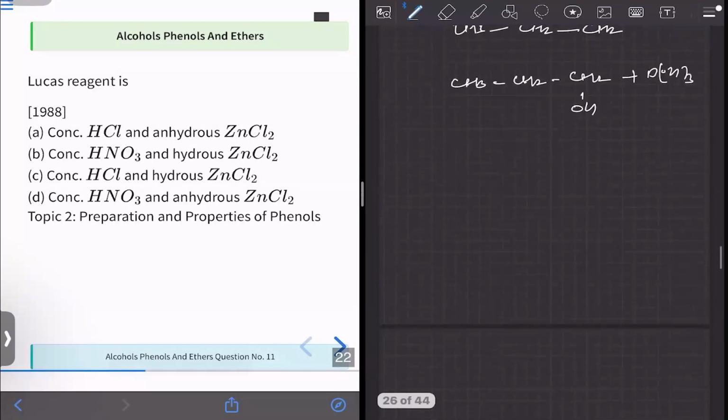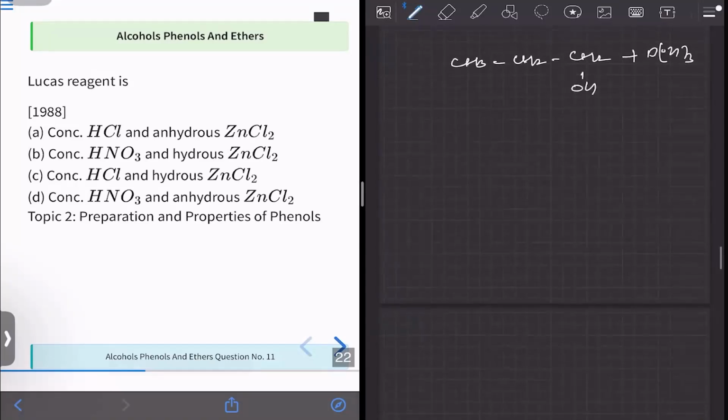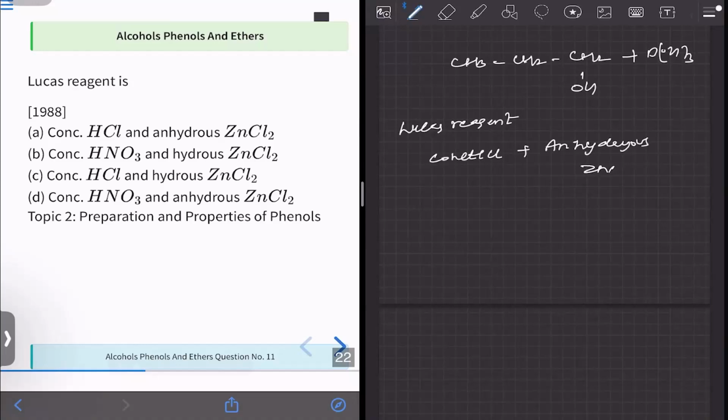Next question. What is meant by Lucas reagent? Lucas reagent is concentrated HCl plus anhydrous ZnCl2.